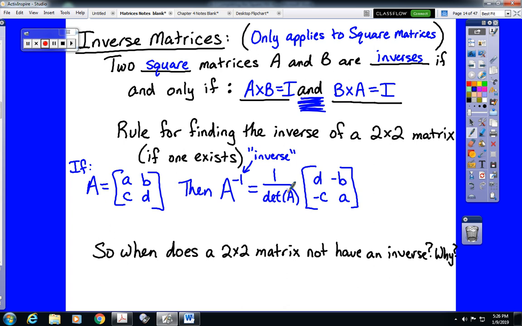And you may remember from Algebra 2 that if there's a variable in the denominator, that variable's value cannot be 0, because you cannot divide by 0. So this question at the bottom that says, when does a 2 by 2 matrix not have an inverse? That would be when the determinant equals 0.